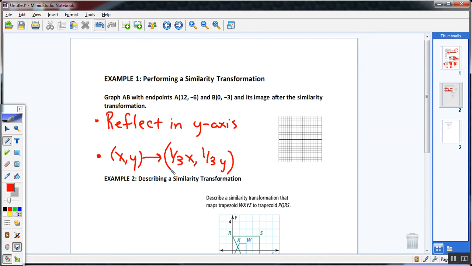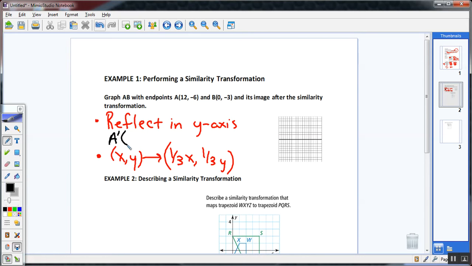Is that fair? Yeah. Okay, what's A's coordinate? 12, negative 6, and B is what? 0, negative... Okay, so if we reflected A in the y-axis, kids, what would the first part of A become? Negative 12, negative 6.